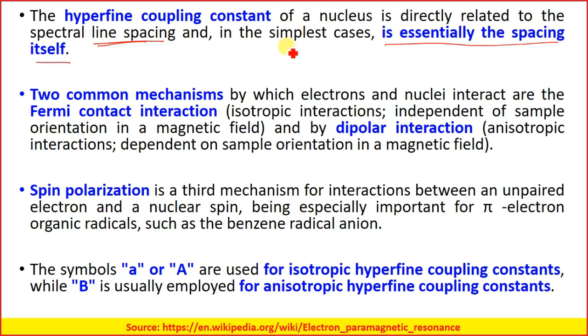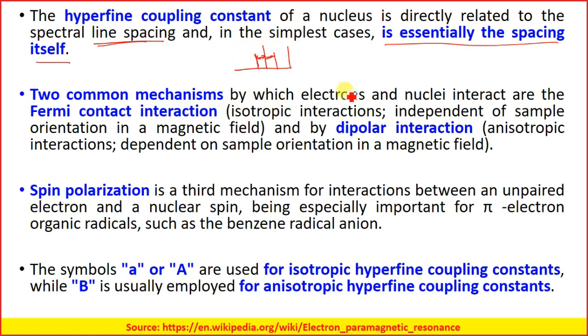In NMR we have seen, if you get a peak, there may be two additional peaks around this central peak due to the presence of neighboring hydrogen atoms. This distance is called the coupling constant. Similarly, in electron spin resonance also, we get this hyperfine splitting constant, and we will be discussing that later on.